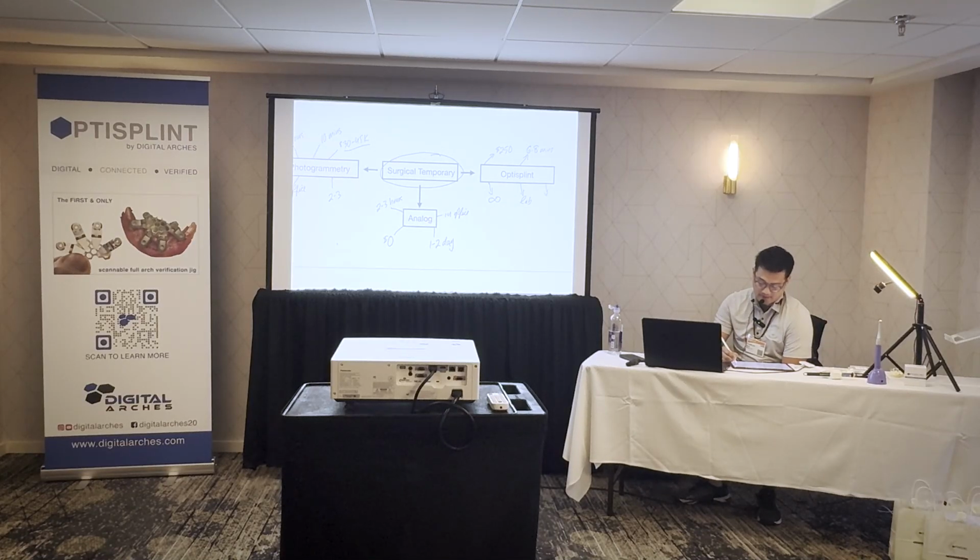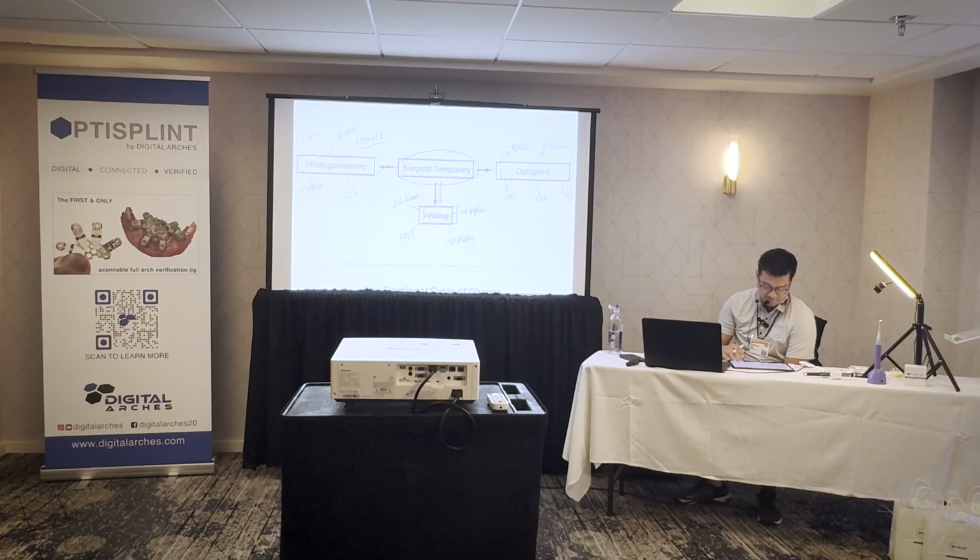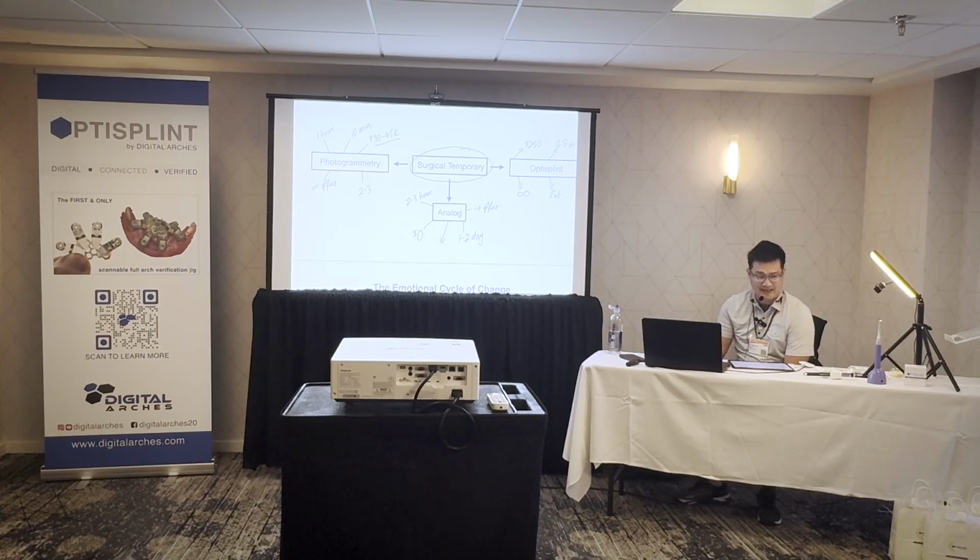In terms of my time, what's my time on these? For me, it's $0 because I'm not at surgery. In an analog case, if we're doing 2 to 3 hours, that's that times 375, so let's call it $1,200.